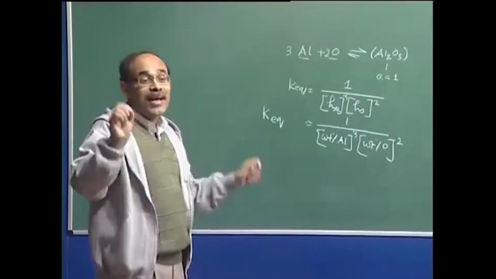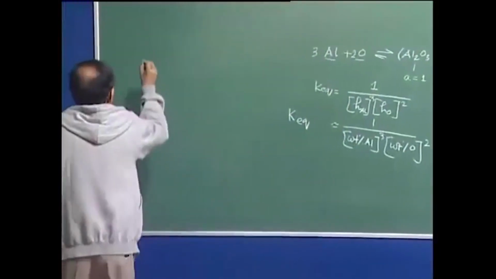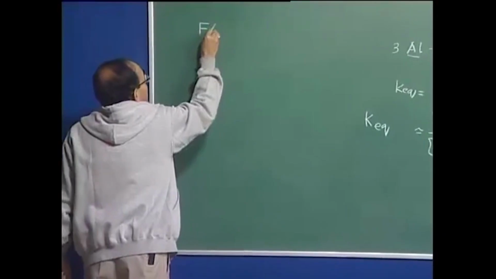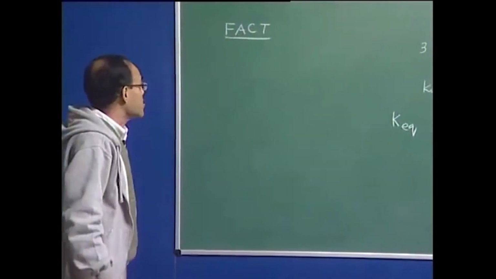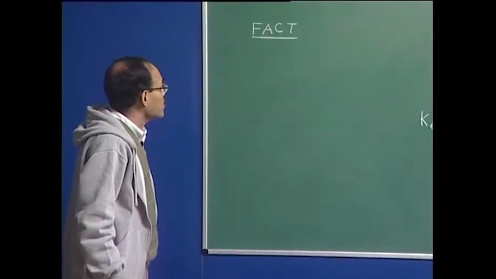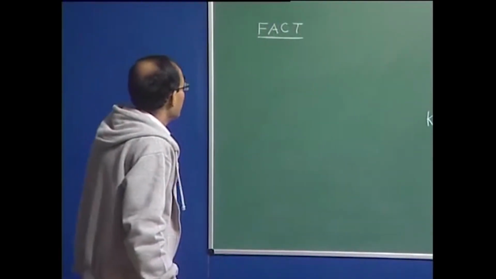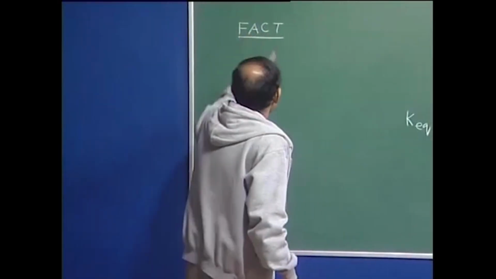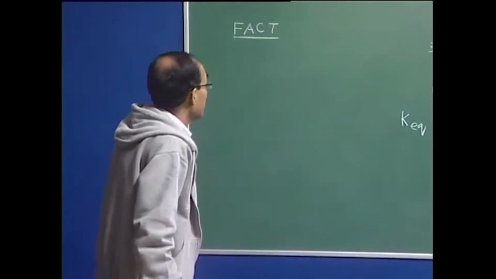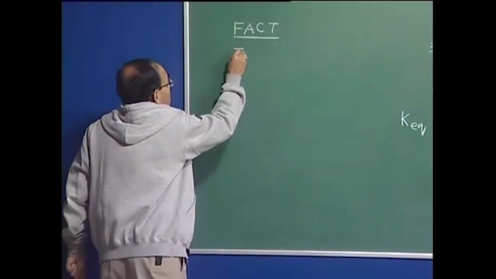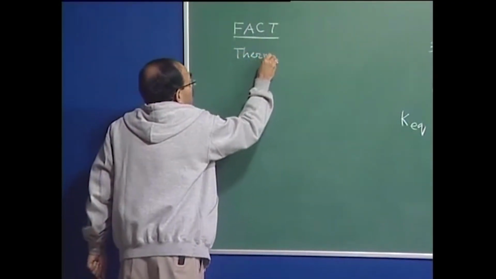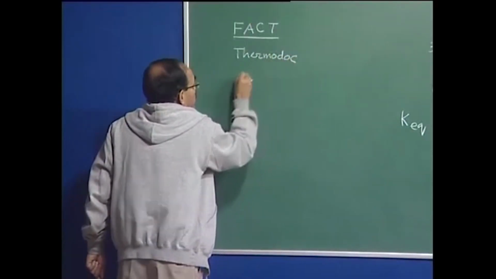Many computational packages are available. So maybe you have heard about this software which is called FACT, a Canada based software for thermodynamic calculations, facilities for chemical thermodynamics. Then we have Thermodoc, another software which is available.